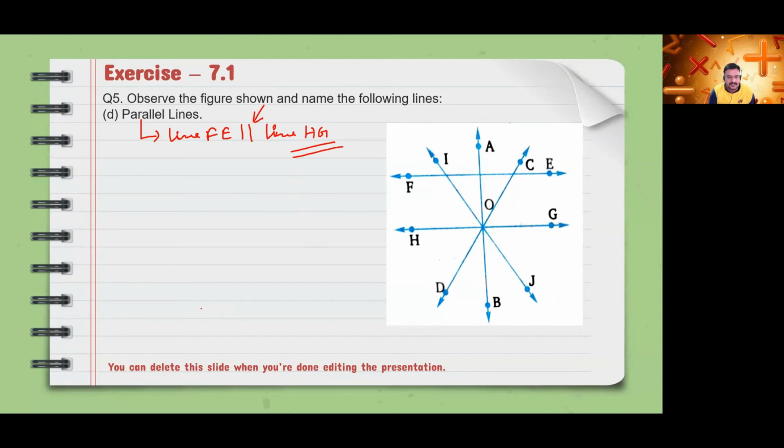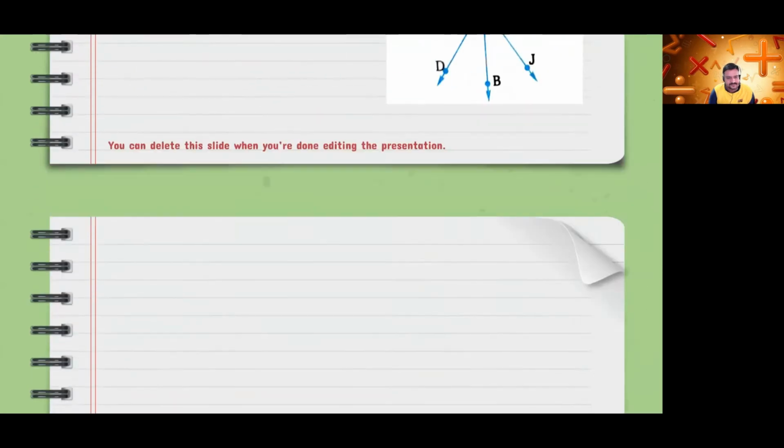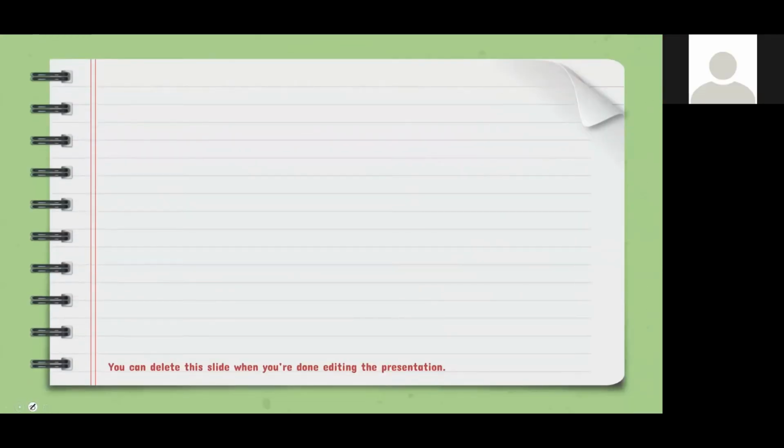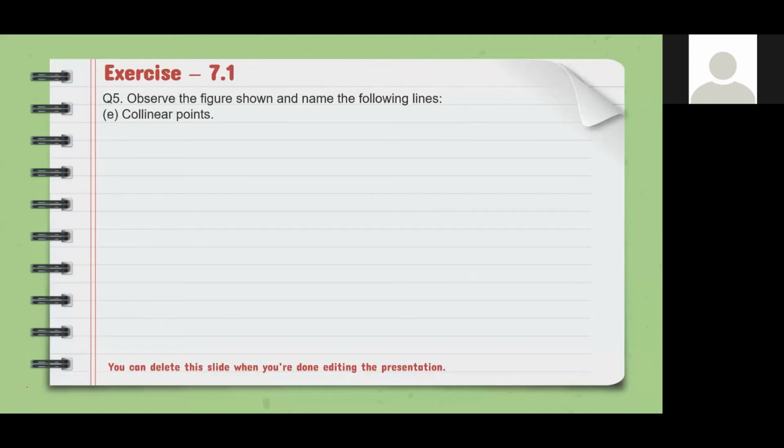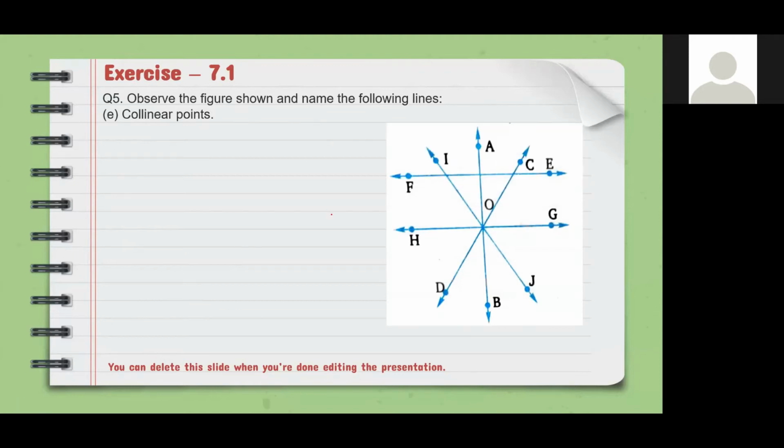Okay. Soham Rathod, next one. Collinear points. Collinear points always lie on the same line.